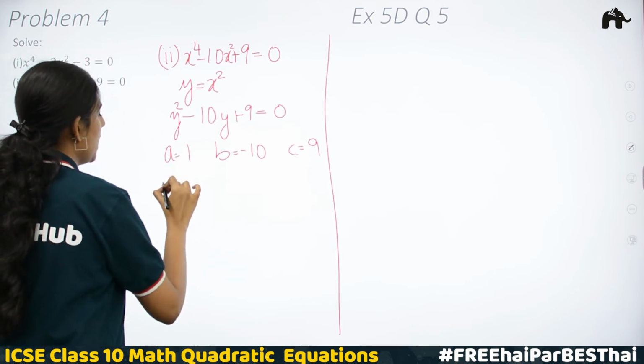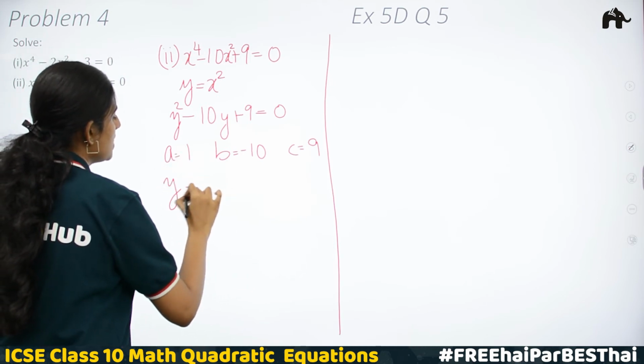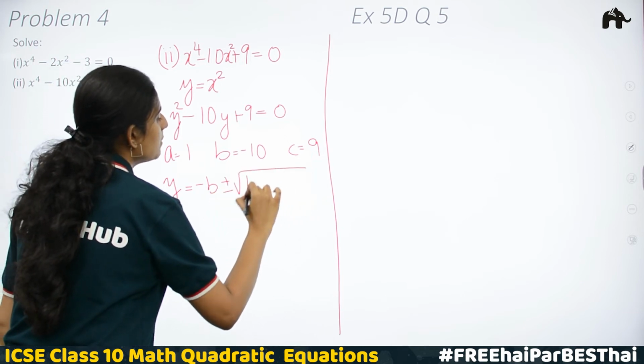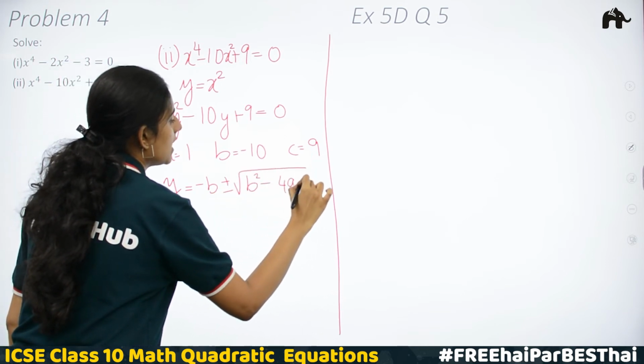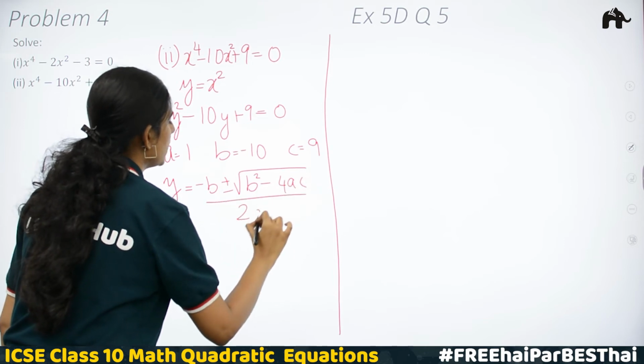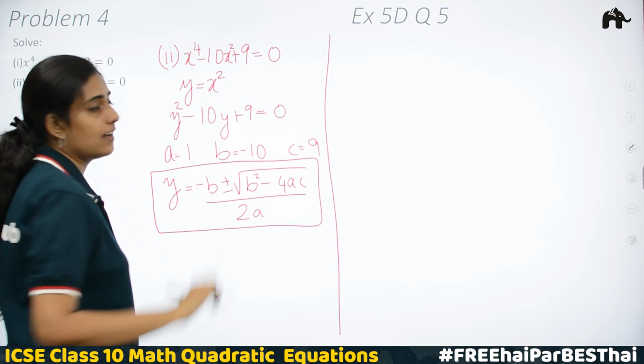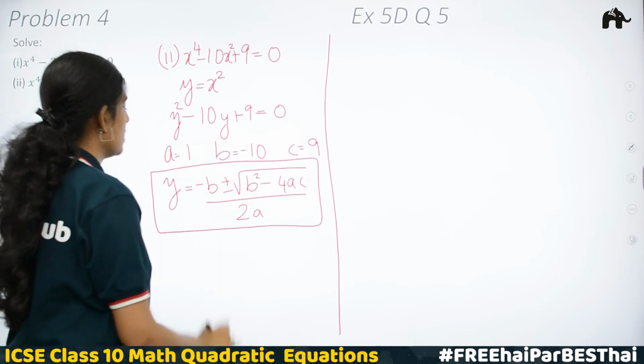What is our formula? To find y is equal to minus b plus or minus root of b square minus 4ac divided by 2a. This is our formula to find y in this case. Okay.